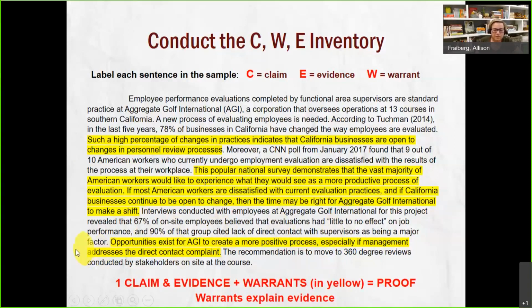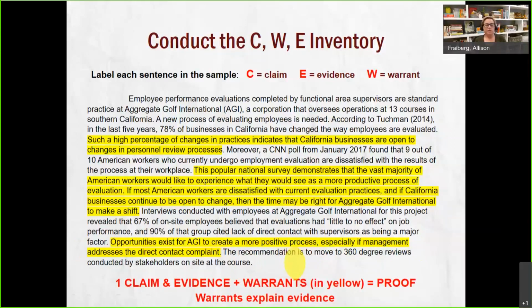Opportunities exist for AGI to create a more positive process, especially if management addresses the direct contact complaint. Again, all I'm doing is talking about the evidence and what I'm thinking, what that evidence is leading me to decide. And you know what? Now I have a bunch of warrants in there, and now it's a little clearer to me about why we want 360-degree reviews by stakeholders on site at the course.